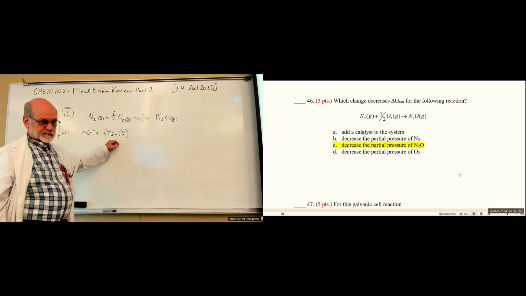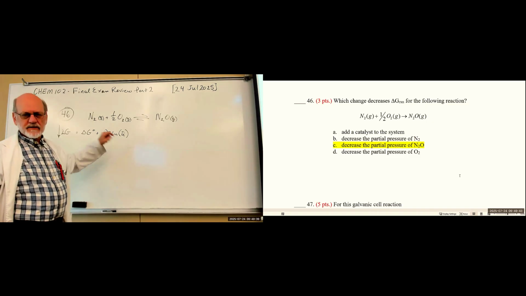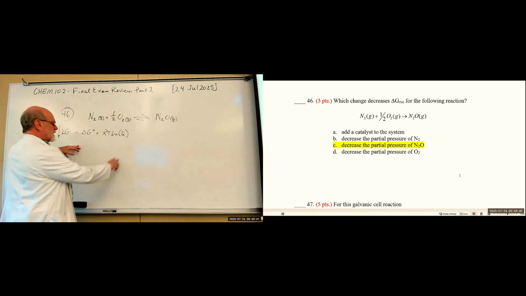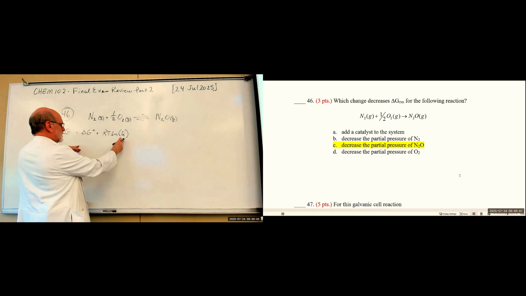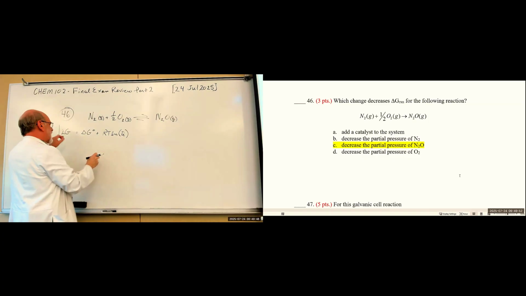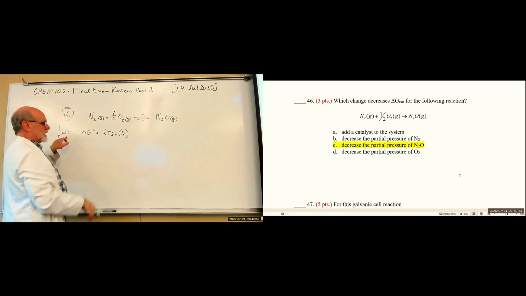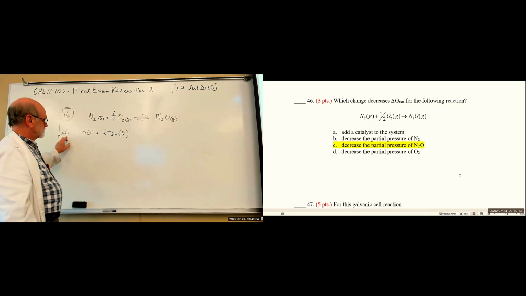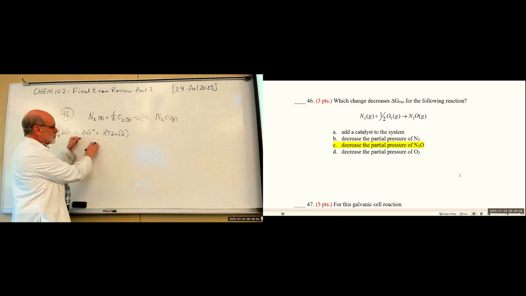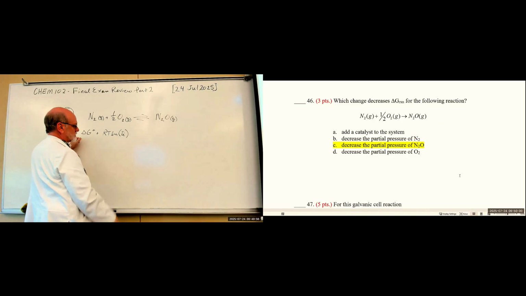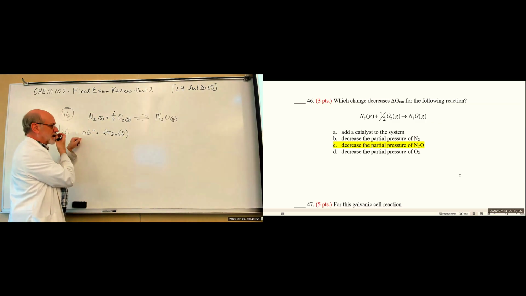Well, let's look at it this way also. If this were K, right? If this were K, then that one would be 0. And then delta G0 would be equal to minus RT log K, excuse me.